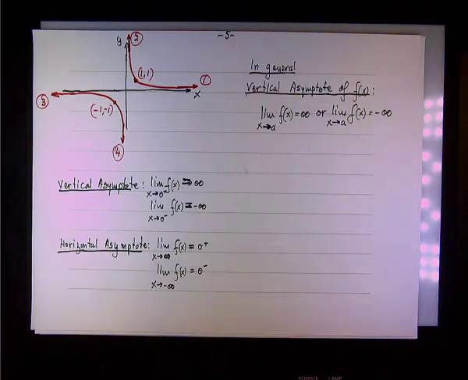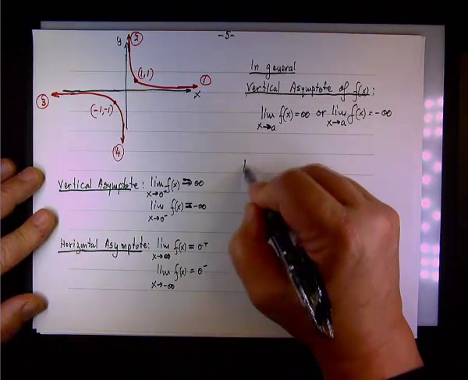This will be the general form of a vertical asymptote.